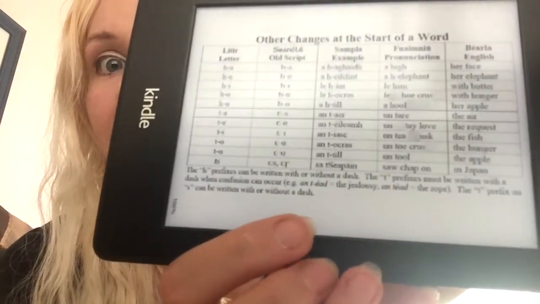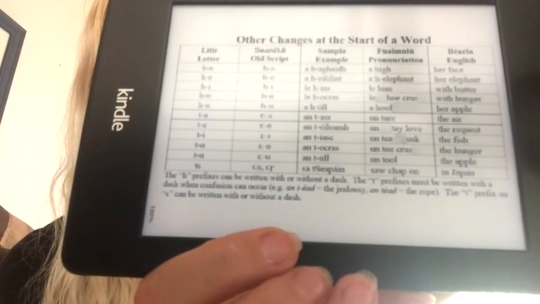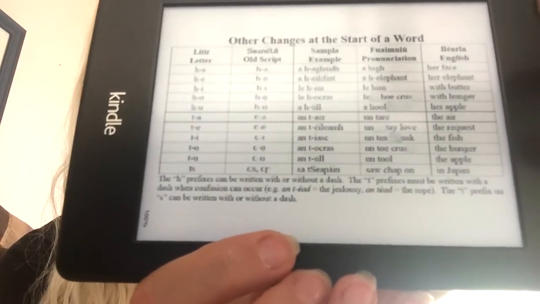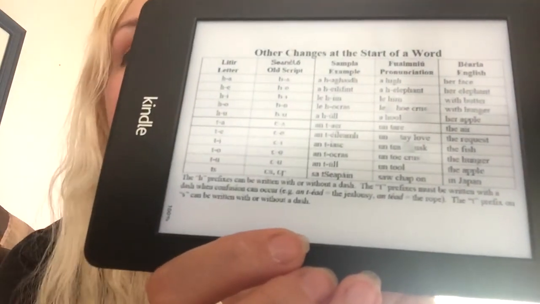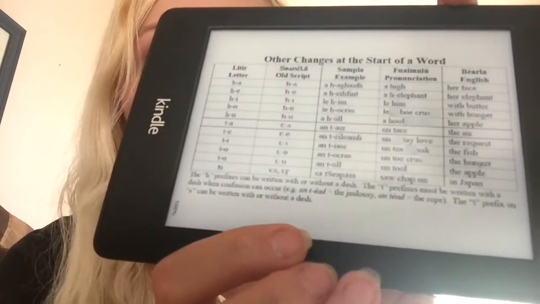For example, on taid, T dash ifada ad means the jealousy. On taid, T ifada ad, D means the rope. And the T prefix on S, for example, as in sa Japan, can be written with or without a dash.